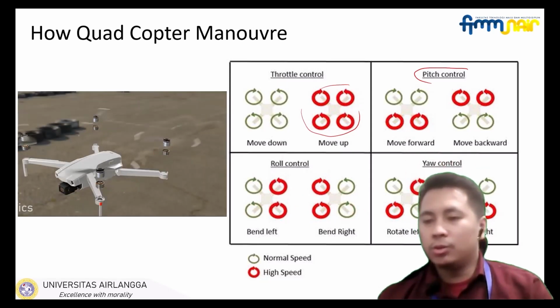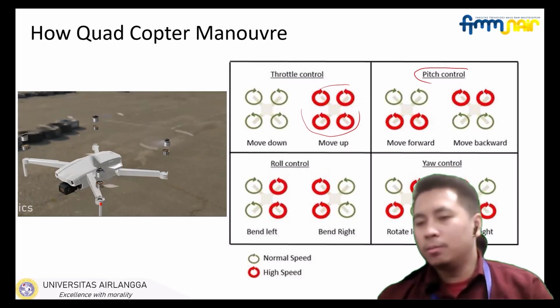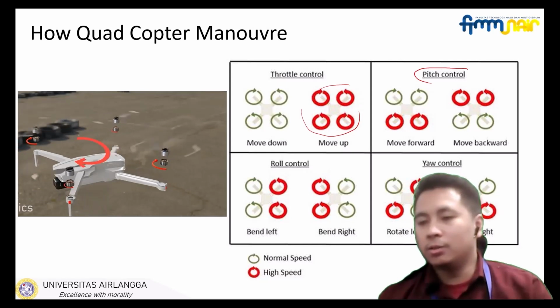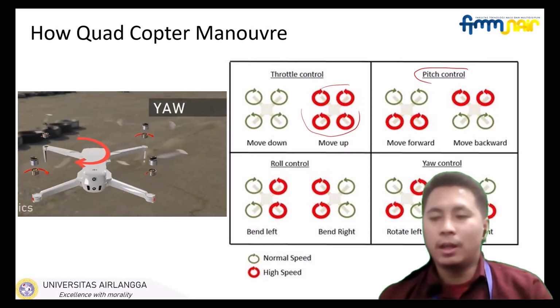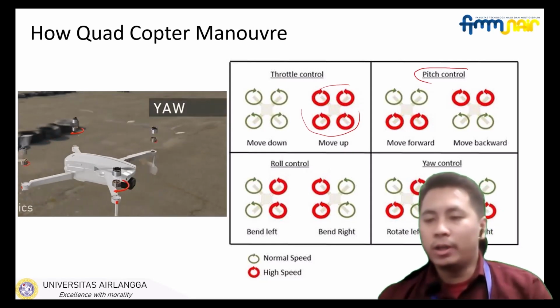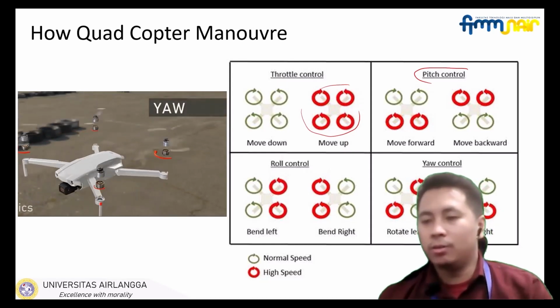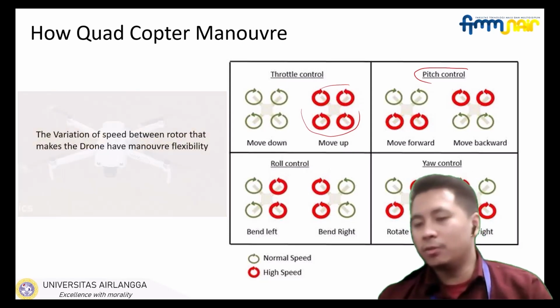The yaw control is interesting because we have to make a higher speed on two rotors, on this diagonal, rotating the same way. It can yaw, or rotate, because of the inertia of the motors.